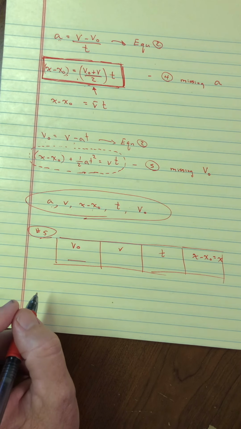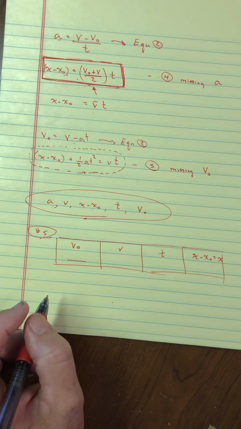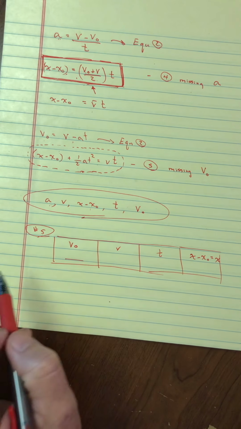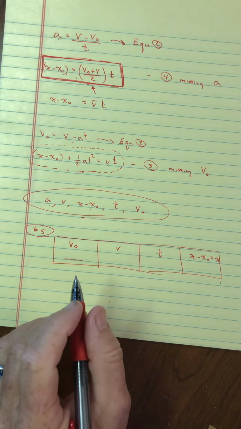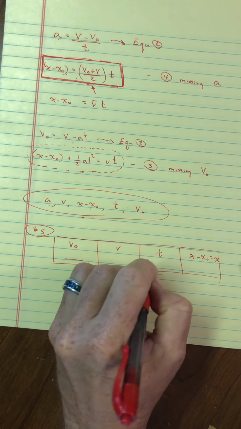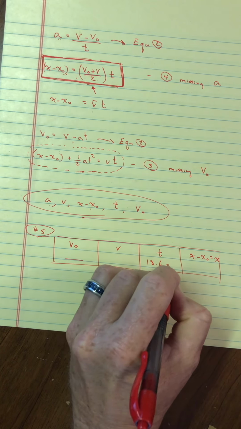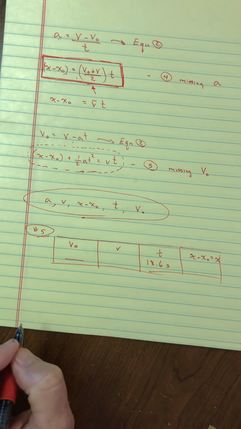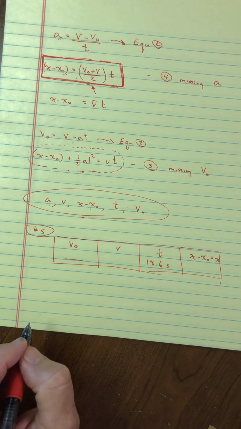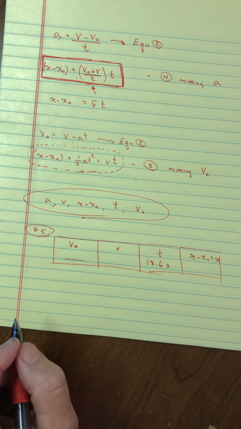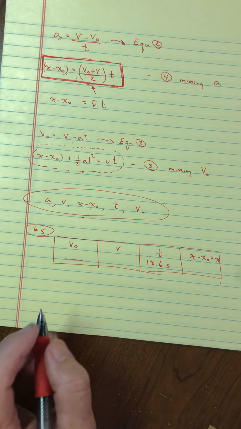Then it accelerates at a constant rate of A, which is not listed, but it does say it's a constant rate, for a time of T, and they give 18.6 seconds. Its final velocity is V, and the plane has moved a distance x during this time.